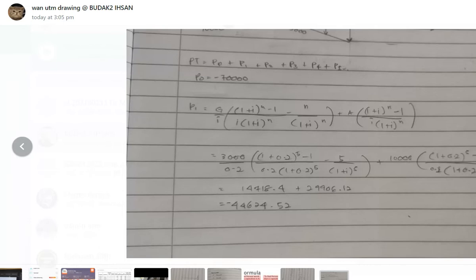Formula satu je. All right, can I get the value for P for a salvage value of 50,000 at the end of year 5? Yang salvage value tu deh. Salvage value tu apa?